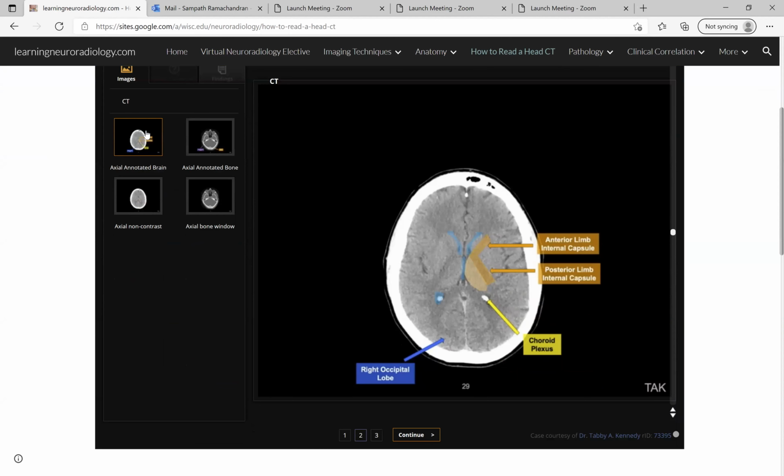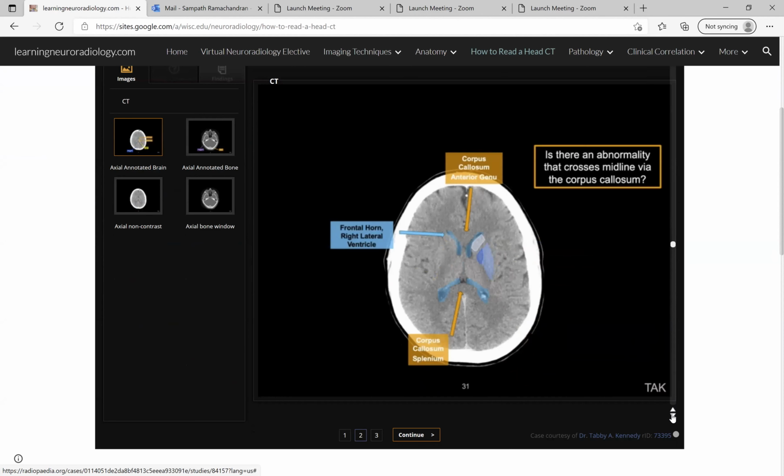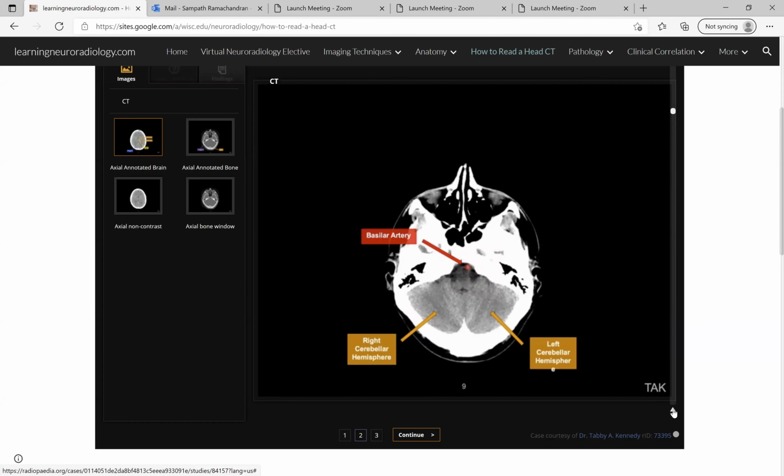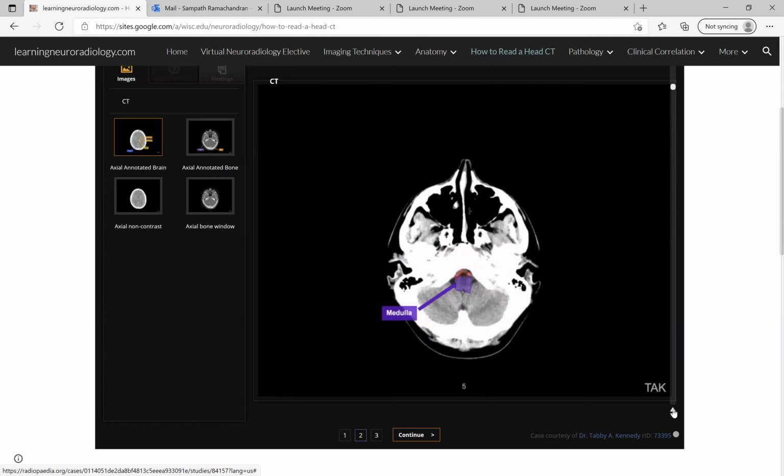All right. So here in this case, here's the CT of the brain. Let me square it out a bit. As I scroll through it, you can see how the different parts of the brain are labeled.